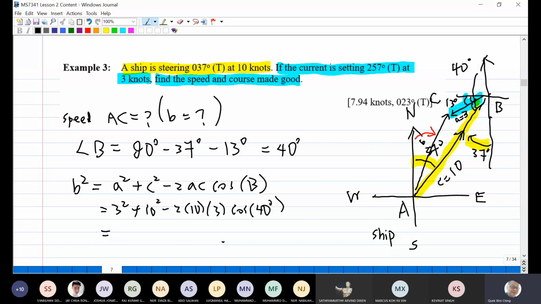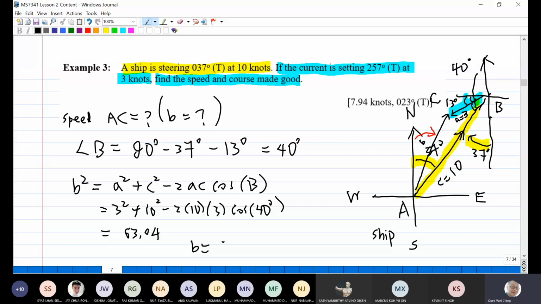Okay, so this is 63.03. So that means B, take the square root here, you get 7.93 or 7.94 now.